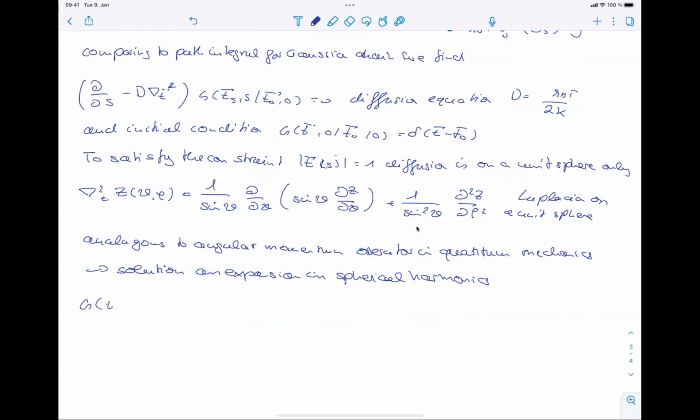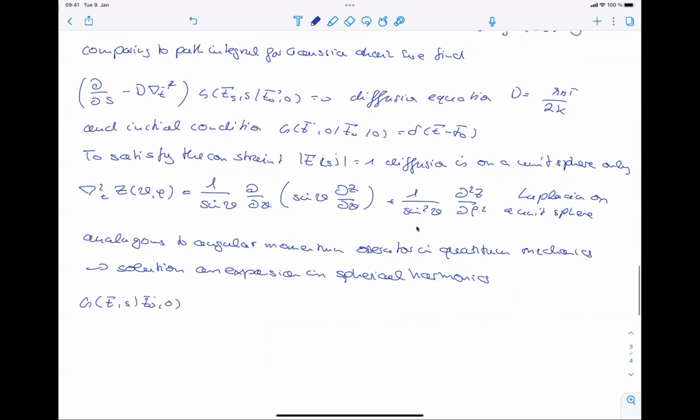So G, with now denoting this tangent position by an omega, which denotes the final states of both of these angles that I need to specify. And similarly, I take a small omega to specify the initial values of both of the initial angles.